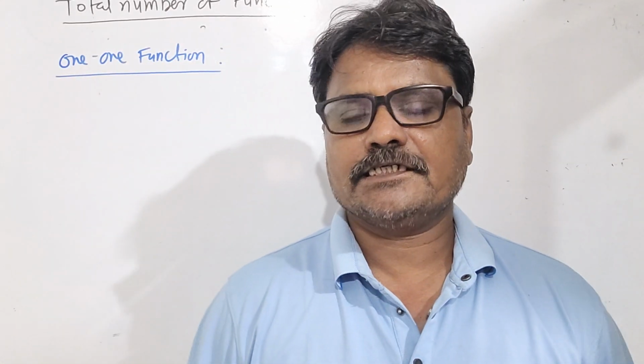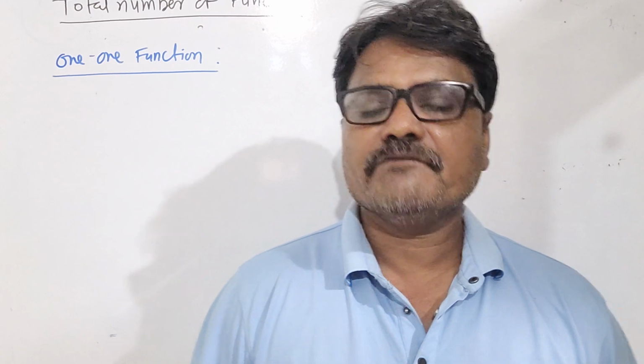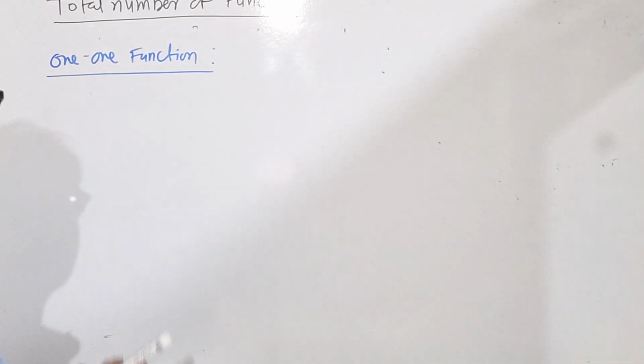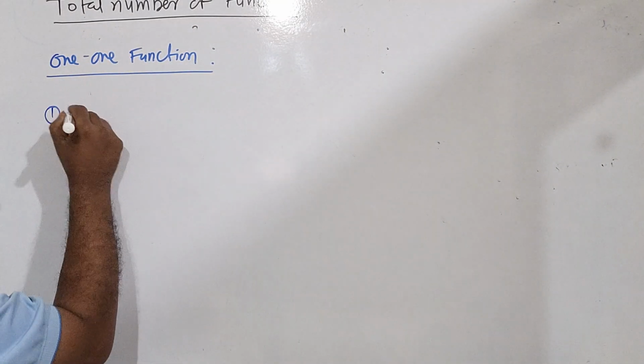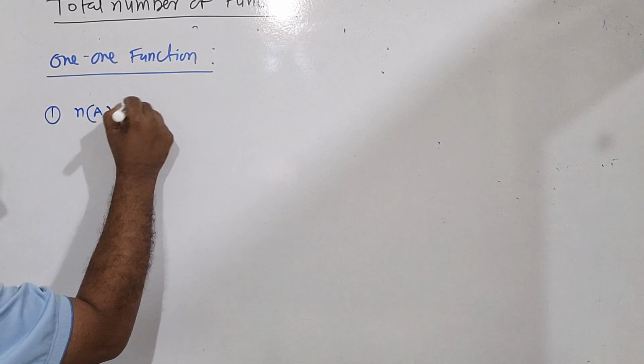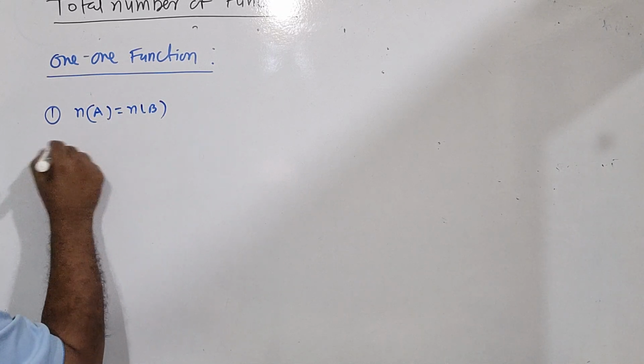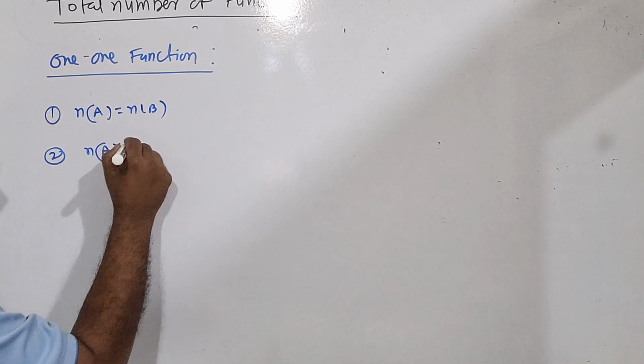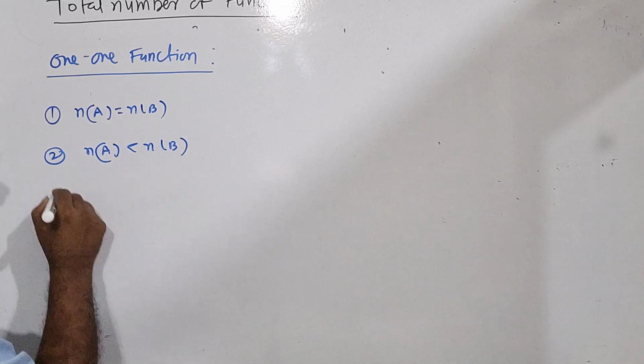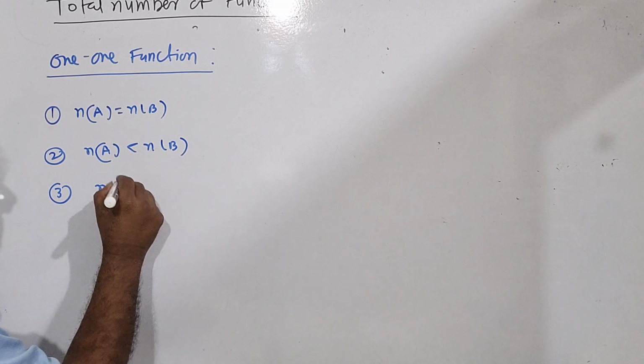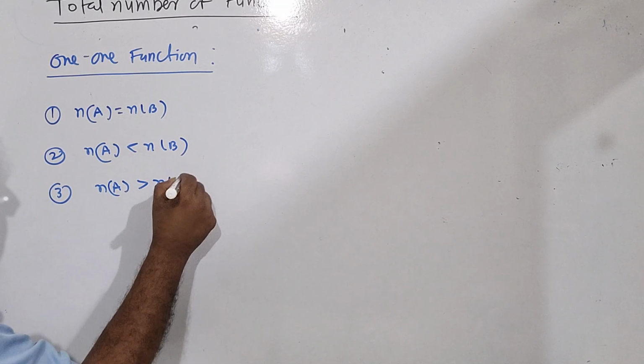Now coming to the total number of one-one functions. How to find the total number of one-one functions? So here also we will have the 3 cases. First case is when n(A) equal to n(B). Second one is when n(A) is less than n(B). And third one is n(A) is greater than n(B).